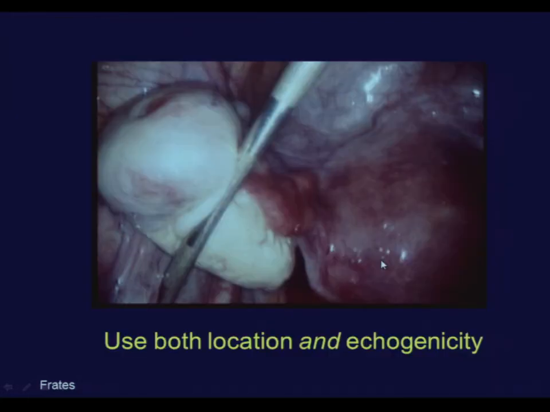Here's the image from the operating room. We can see the normal ovary here and the bulging corpus luteum seen on the top edge of the ovary, and no ectopic pregnancy was present. So don't rely solely on echogenicity of the ring, and don't rely solely on location of the mass. Use both to make your decision about whether it's an ectopic or a normal finding.